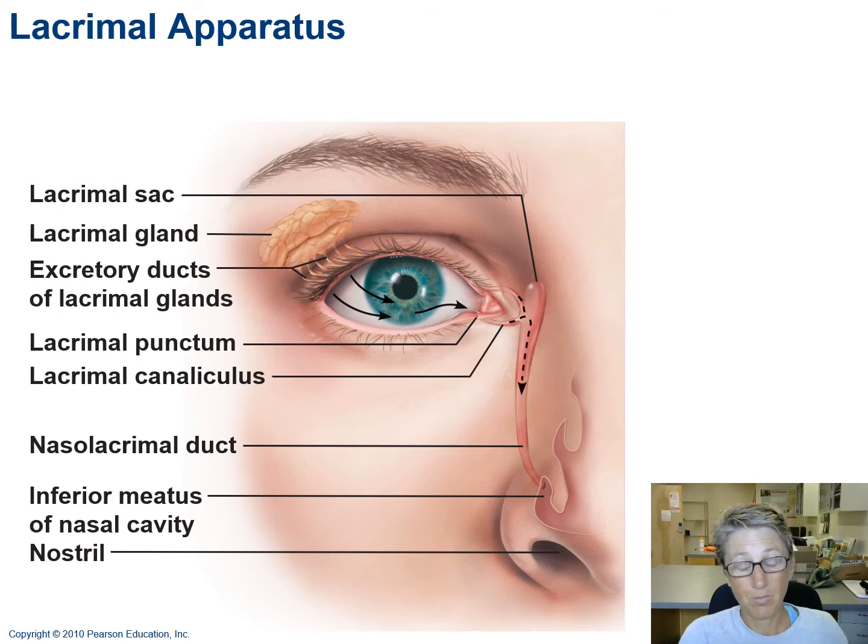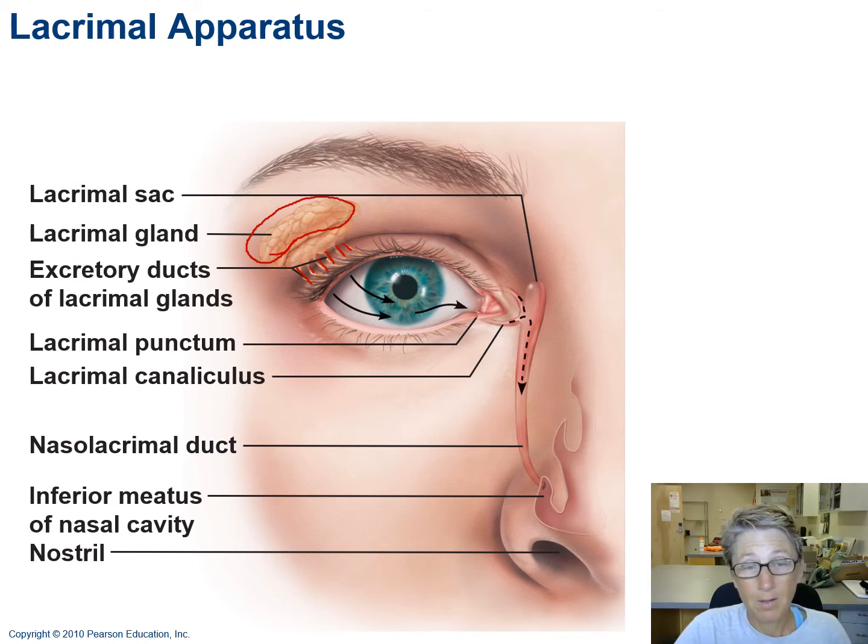And if anyone's ever cried, they know that you can get a stuffy nose full of fluid. So this guy right here is the lacrimal gland. And what happens is when the lacrimal gland secretes its fluid, it travels through these excretory ducts. So there's 1, 2, 3, 4, 5, 6, looks like 6 excretory ducts of the lacrimal gland.